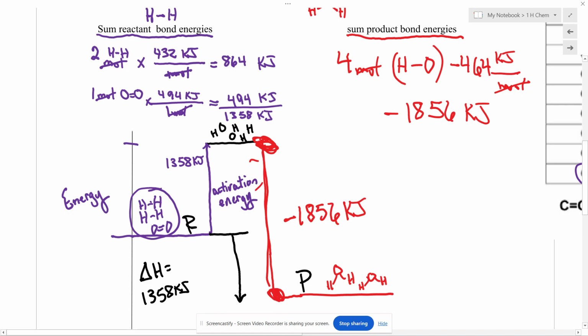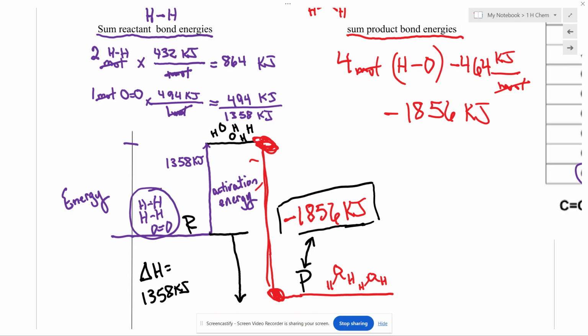And this would probably be a good time to point out, you will look online and find this, and they'll say you subtract the sum of the bond energy of the reactants, that's this number right here, from the bond energy, subtract the sum of the bond energy of the products from the sum of the bond energy of the reactants. Well, that's exactly what we're doing, but we're doing it by adding these two numbers together.